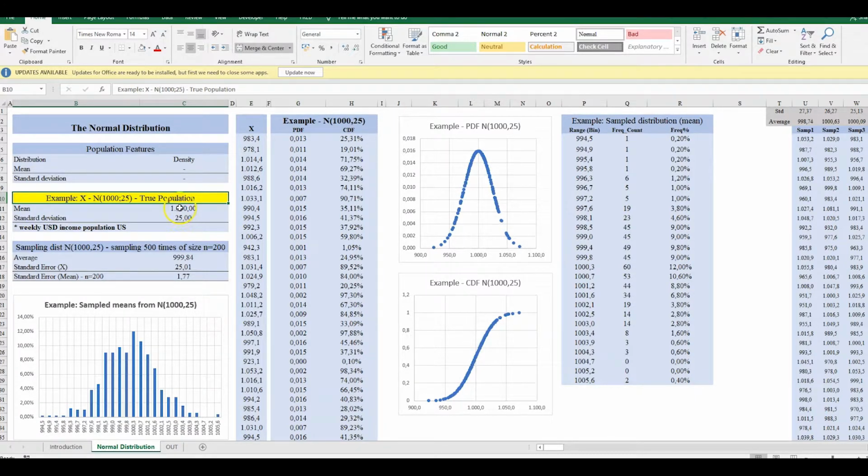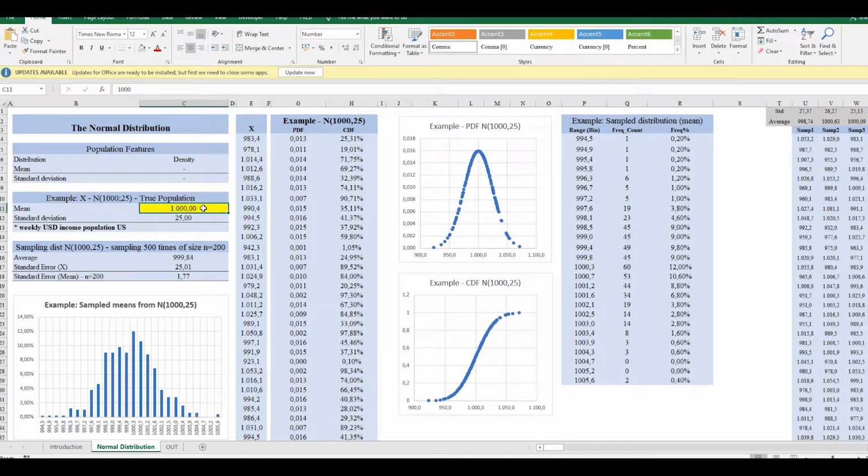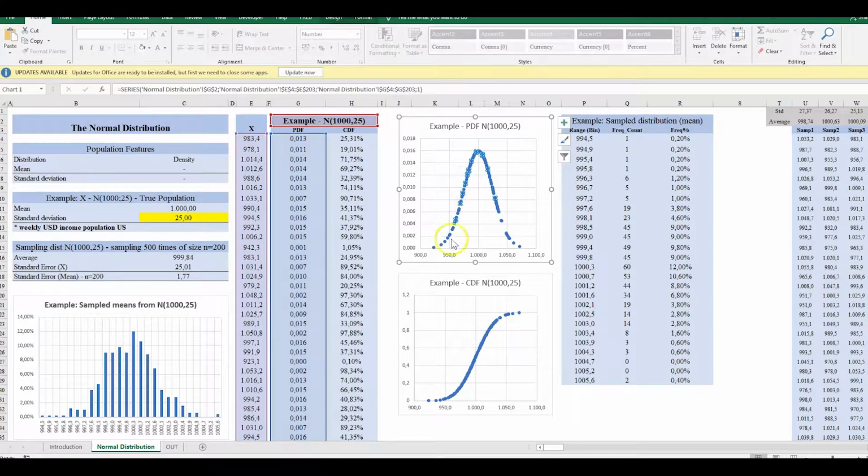So a normal distribution that describes the entire US population just from two parameters, a mean and a standard deviation. And this is exactly the distribution that I have here.